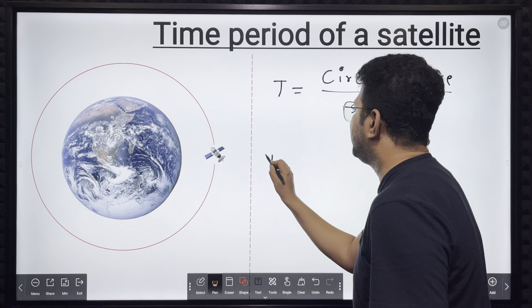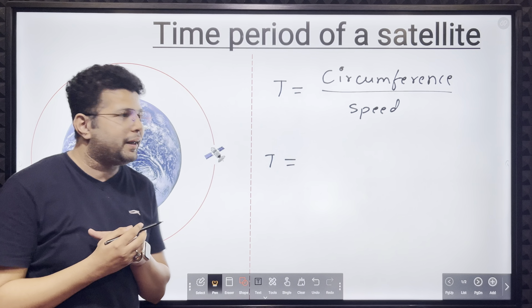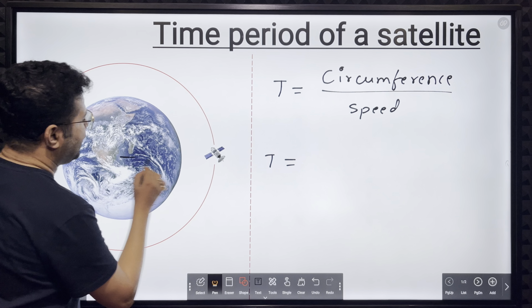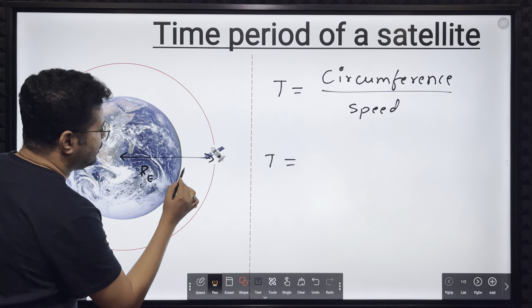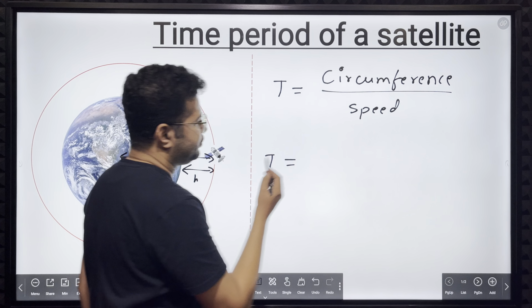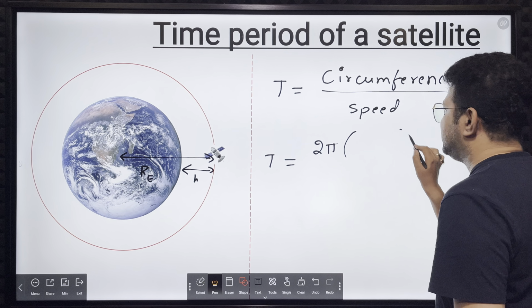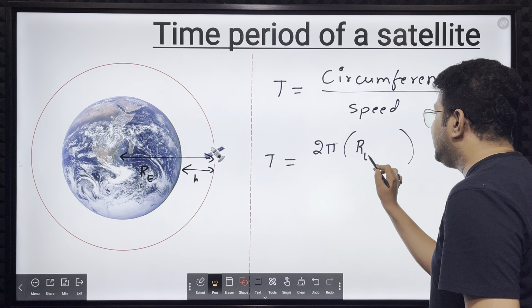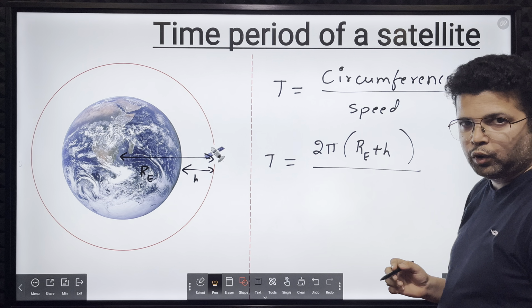Circumference of a circle is 2 pi r. What is r? R means radius of earth plus height of the satellite, Re plus h. So 2 pi r, where the radius of the circular path is Re plus h, divided by speed.